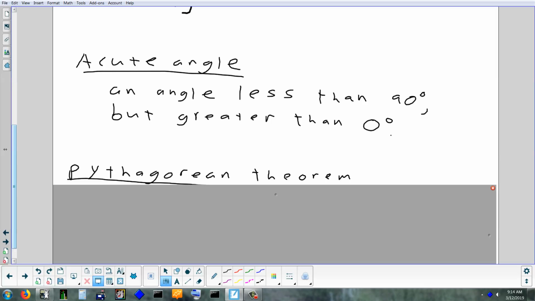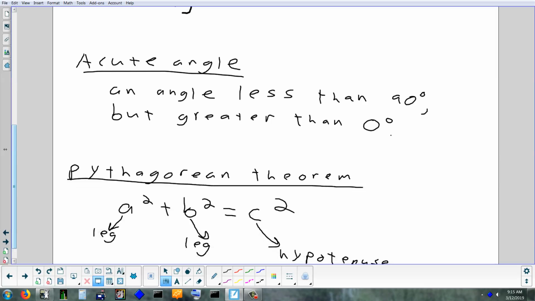That's exactly what the Pythagorean Theorem is. It says if you take each leg and you take their length and you square them and add them up, it's equal to the length of the hypotenuse squared. If you want to call the two legs A and B and the hypotenuse C, that's what it would look like.